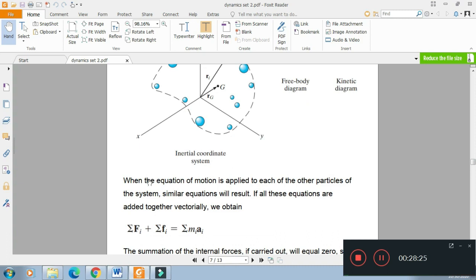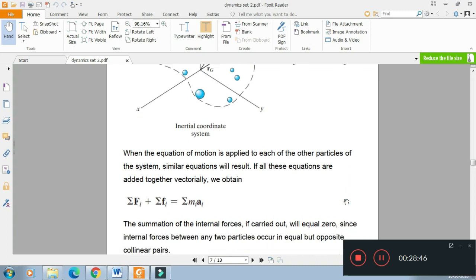Now we consider the forces on all the particles. We consider all the particles together. So these are external forces on all the particles, and this is the internal forces on all the particles.